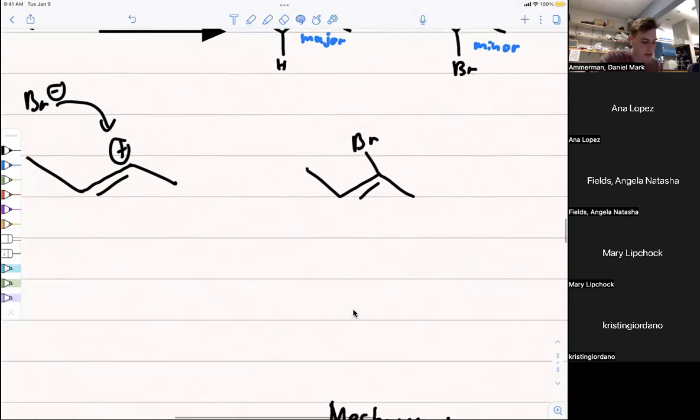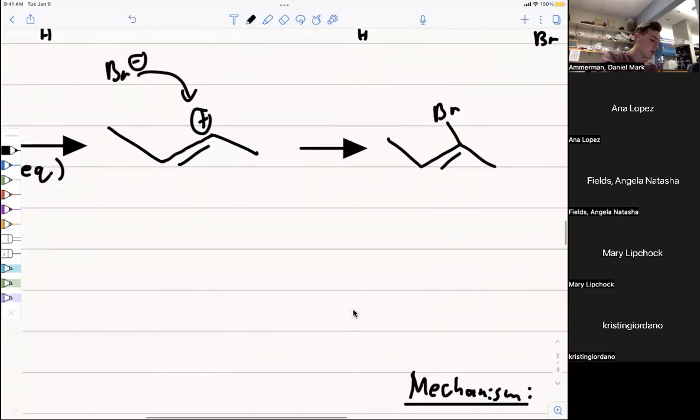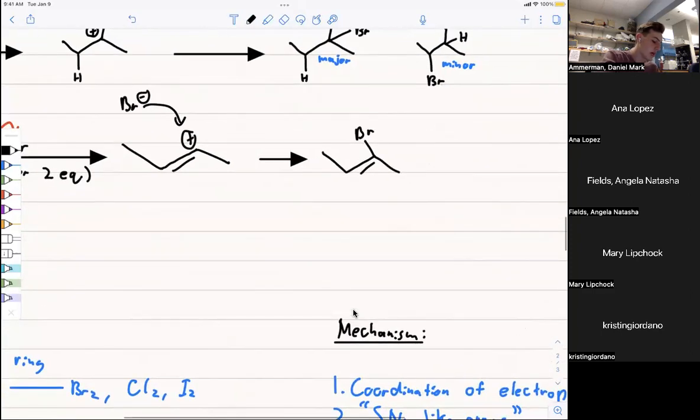The reason why I'm not sure is that this one's a little bit tricky because this is a symmetrical molecule. Typically you'll pick the side that is more substituted, but this one's kind of weird because they're both the same. In this situation, it looks like from my notes, it would add on the other side.